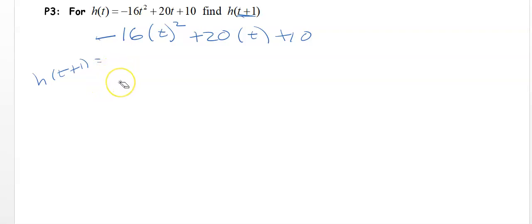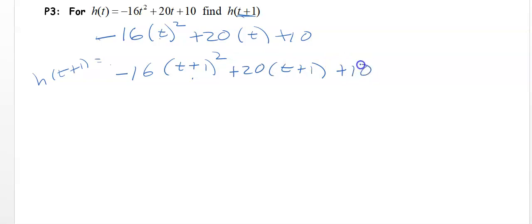We'll start that again. All right, negative 16 times t plus 1 squared. See where I have a t? I now have a t plus 1. Plus 20 times t plus 1 plus 10.